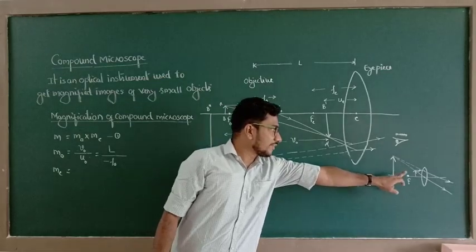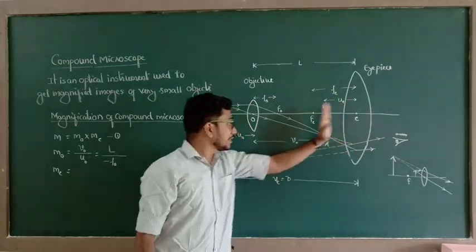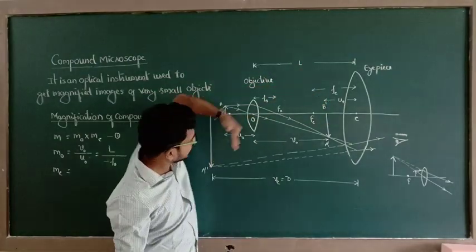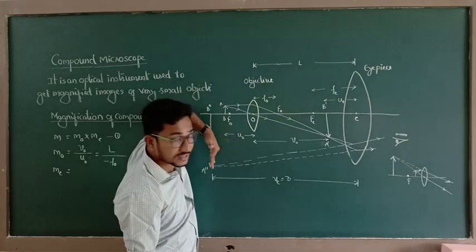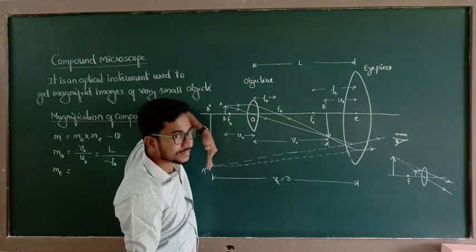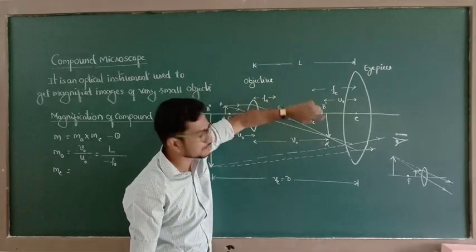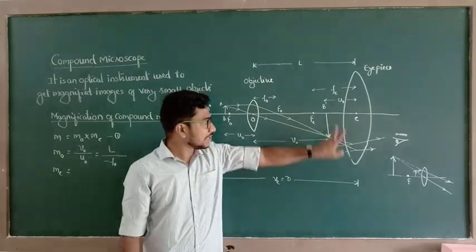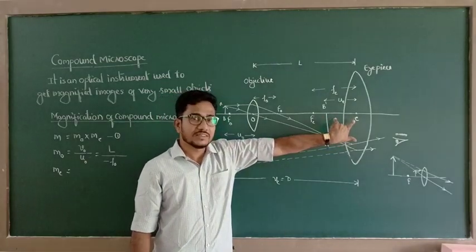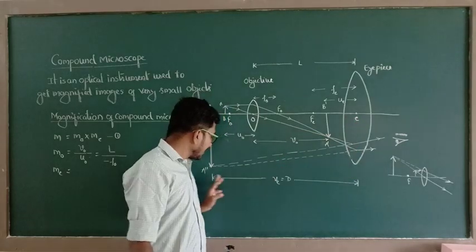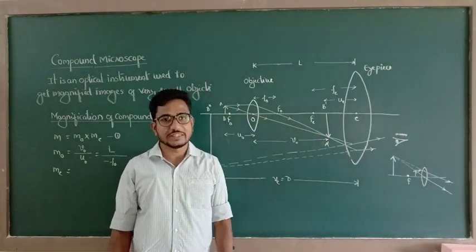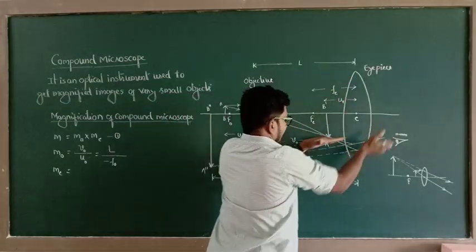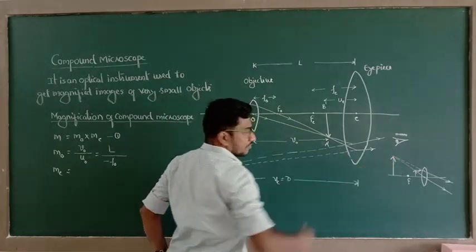Then the image of that object lies on the same side: object, image, a virtual, erect, magnified image with respect to A dash B dash, or with respect to the eyepiece. So here we are going to adjust this distance in such a way that this final image lies at the least distance of distinct vision. Therefore, this setup acts like a simple microscope.